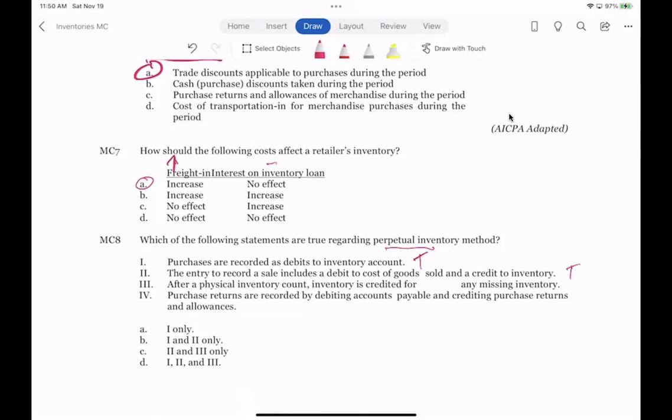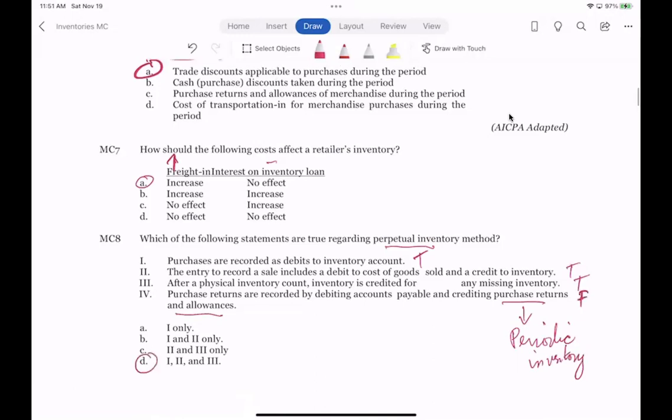Therefore, we debit a loss account or cost of goods sold, whatever is the account used by the entity, and we credit inventory. So that's true. 4, purchase returns are recorded by debiting accounts payable and crediting purchase returns and allowances. The account title purchase returns and allowances applies only when using the periodic inventory system. Therefore, that one is false. Therefore, it's 1, 2, and 3.